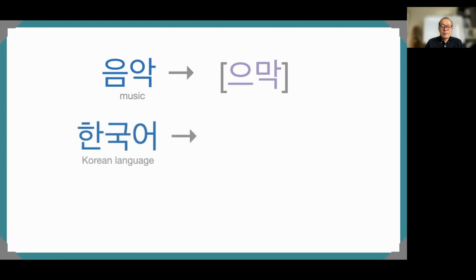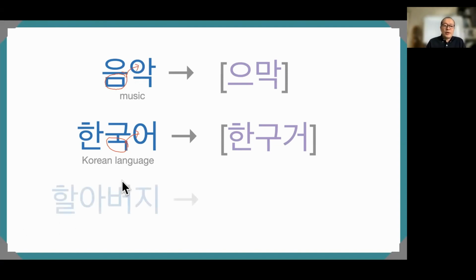Can you read now? In here, the shifting happens, right? So this one moves here. So the pronunciation is 한국어, 한국어. Okay, and also this consonant shifts here. Okay, next one.